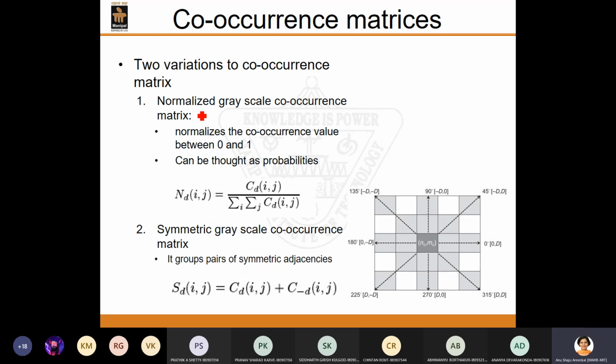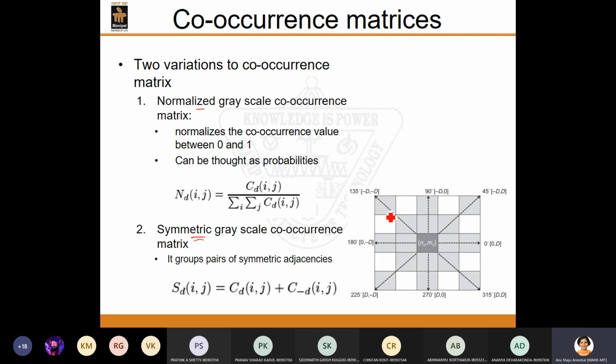One modification is to normalize the GLCM matrices, which means dividing by the sum of all the entries and processing it further. That is one way.